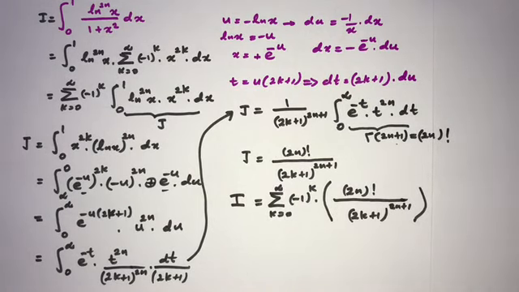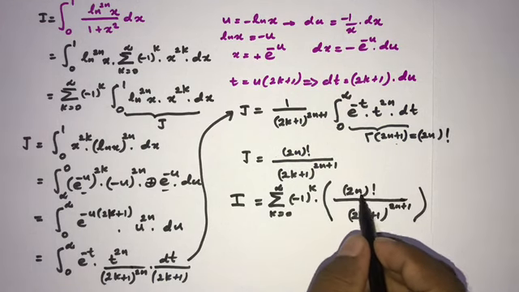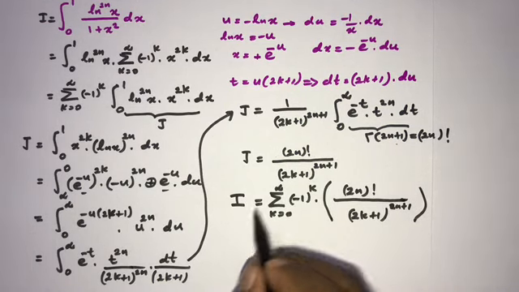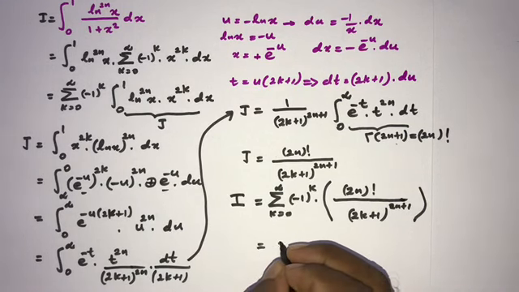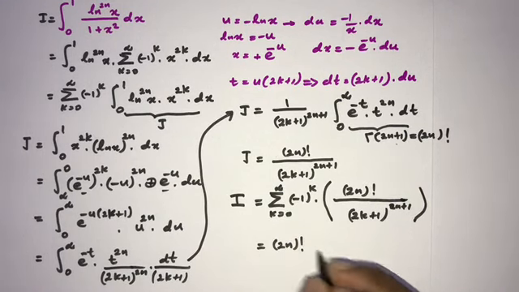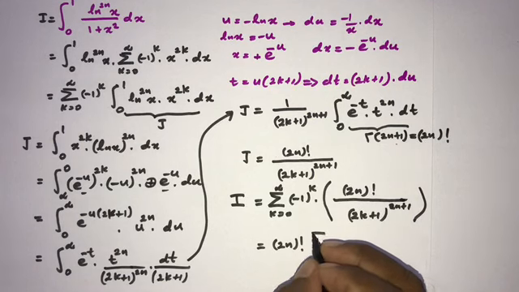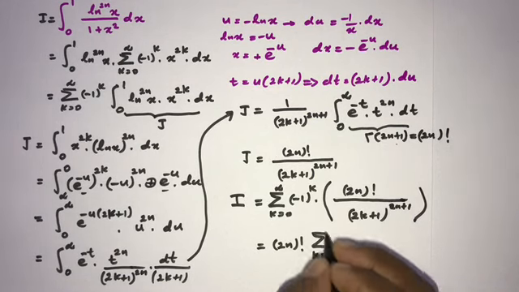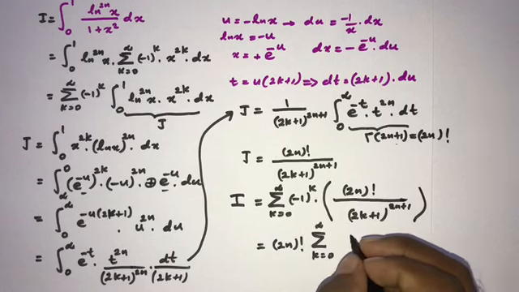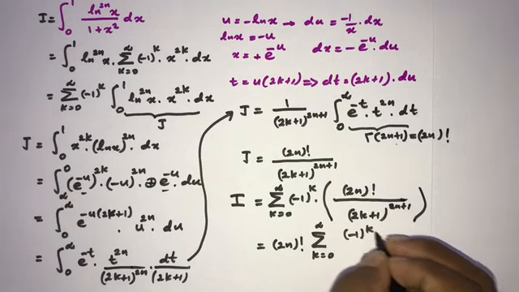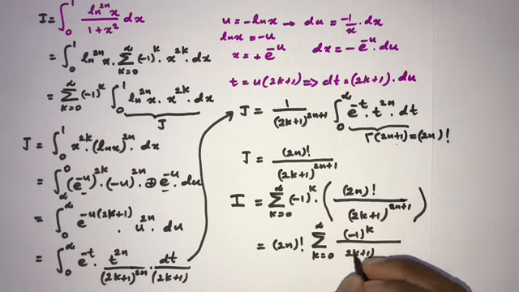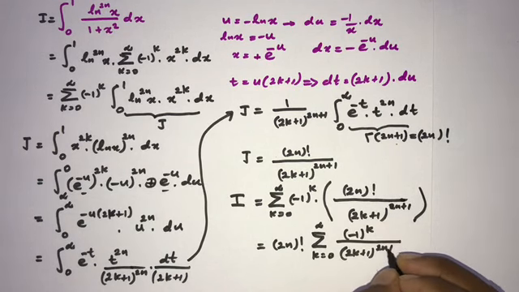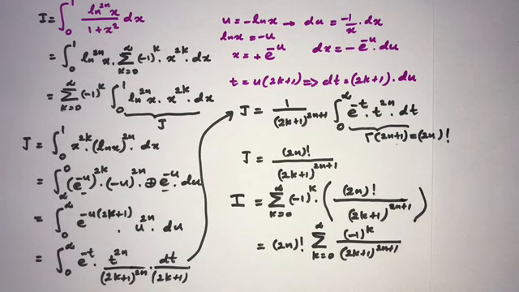Then we can take 2n factorial outside, so we can write 2n factorial times the infinite sum k equals 0 to infinity of minus 1 to the k power over 2k plus 1 raised to the 2n plus 1.